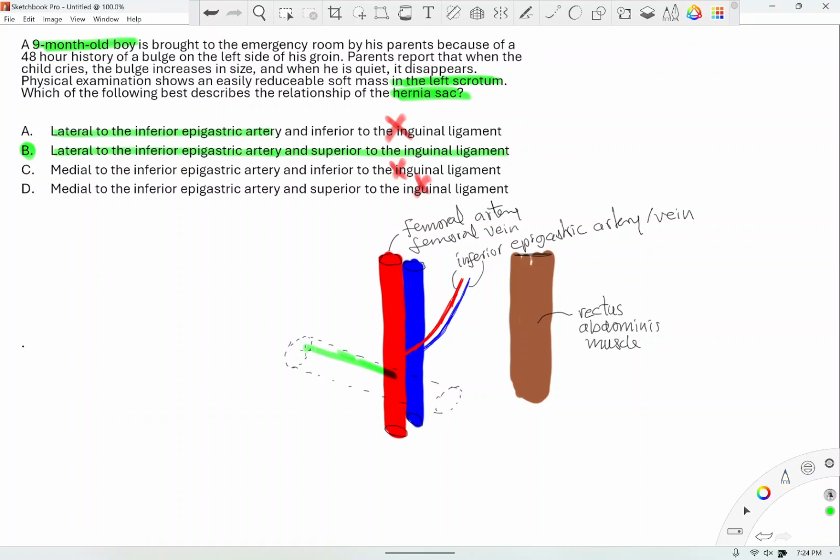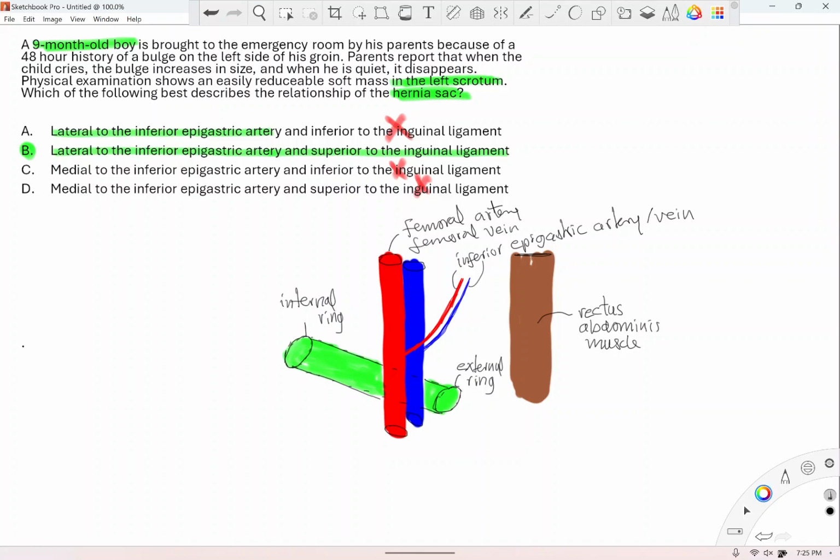So this green is the inguinal canal. This ring is the internal ring of the inguinal canal, and this is the external inguinal ring, or ring of the inguinal canal.